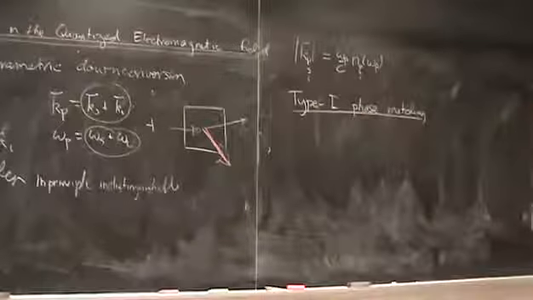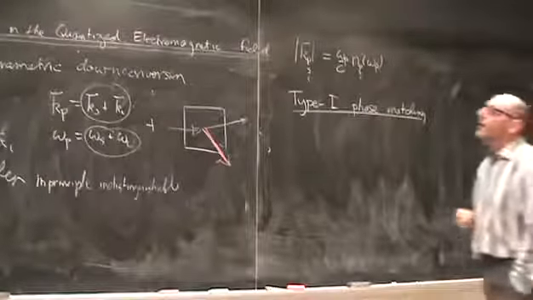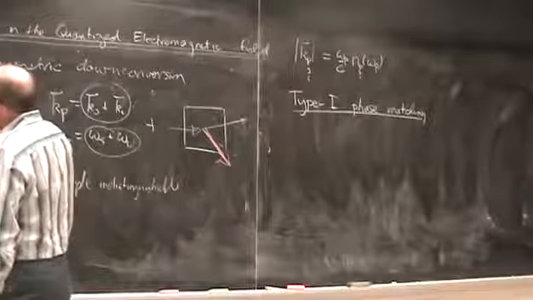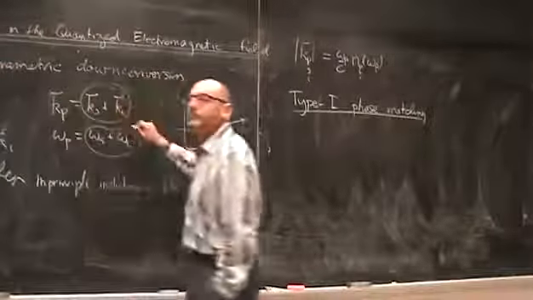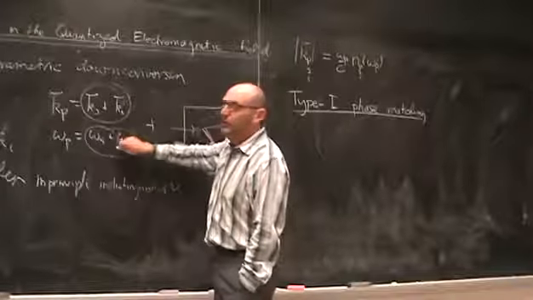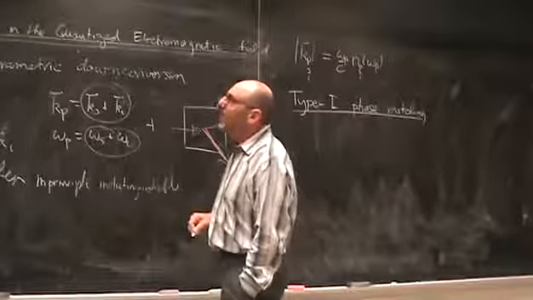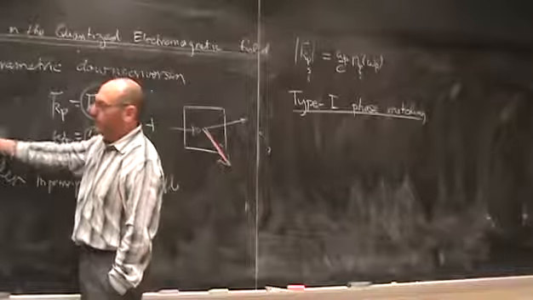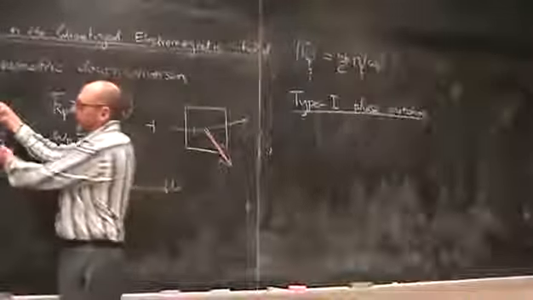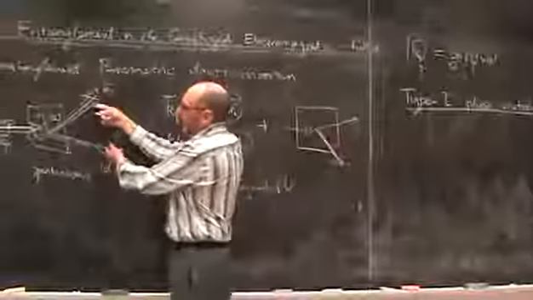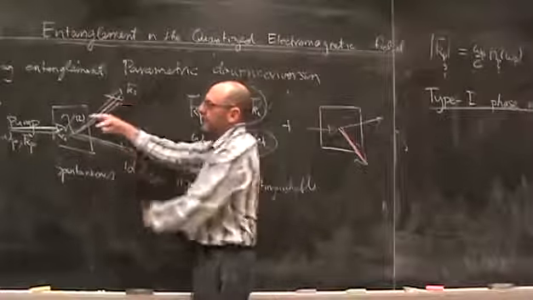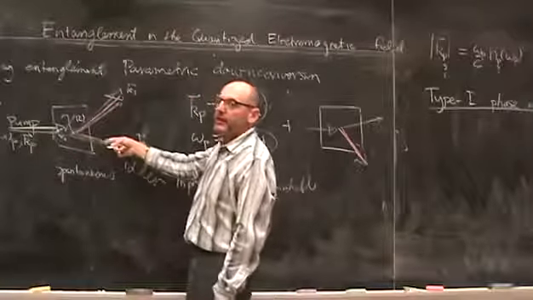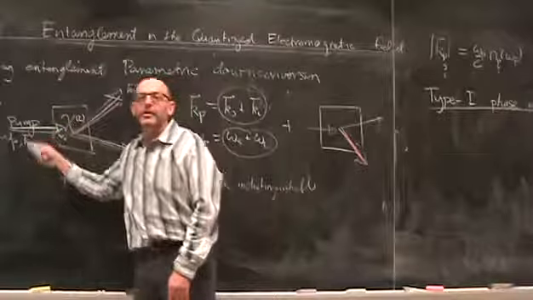In type 1 phase matching, one chooses these two conditions to be satisfied such that the down-converted photons, called down-converted because they have lower frequency and less energy than the incoming pump, have the same polarization, but one that is orthogonal to the pump.